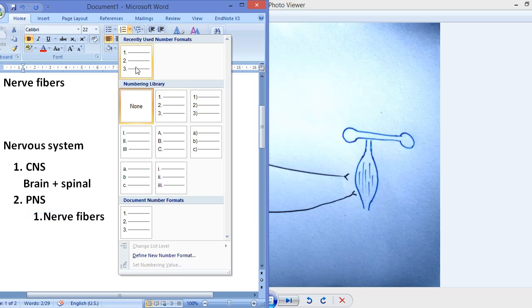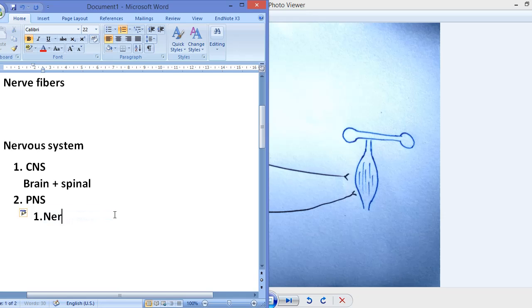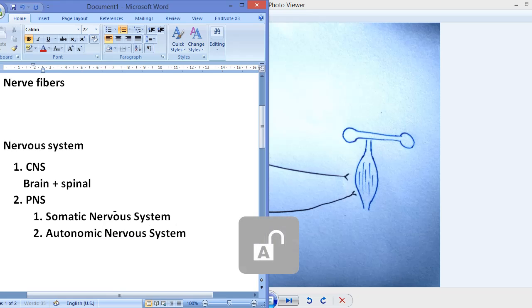These two types of system are, number one, the somatic nervous system, and number two, the autonomic nervous system. The peripheral nervous system is made up of two systems, called the somatic nervous system and the autonomic nervous system.